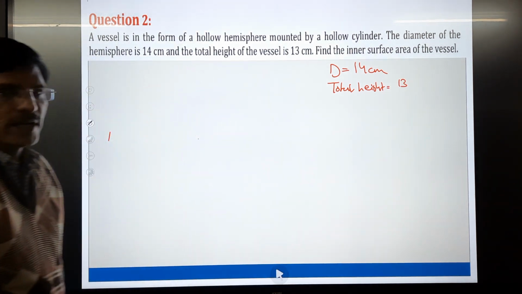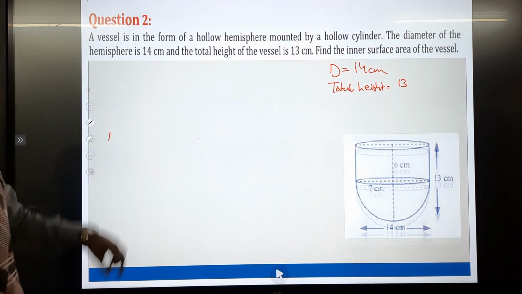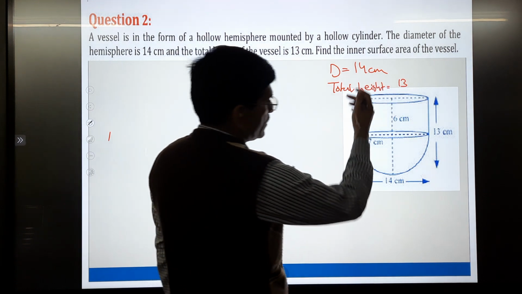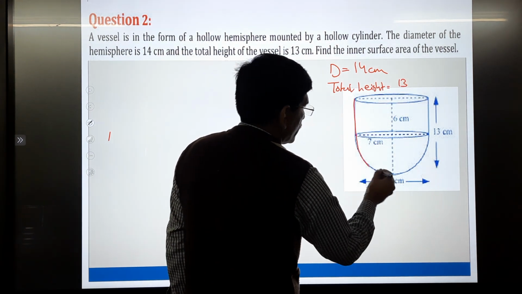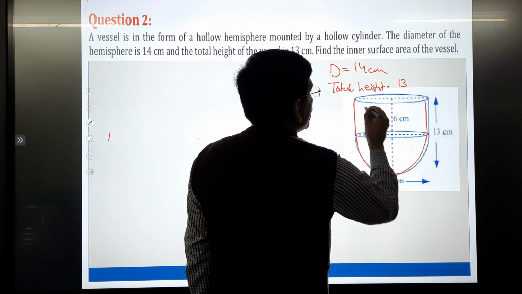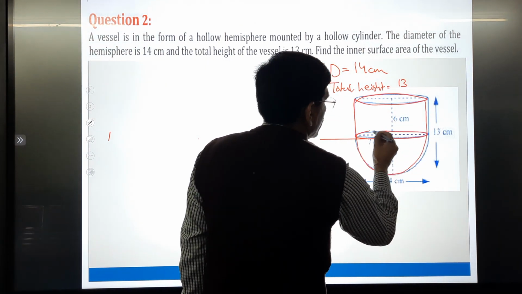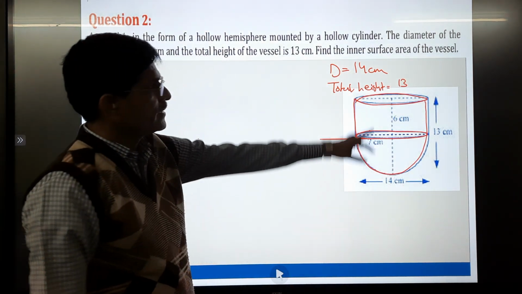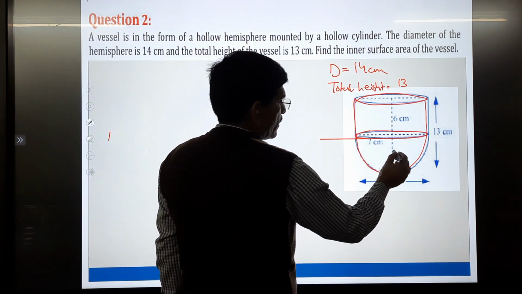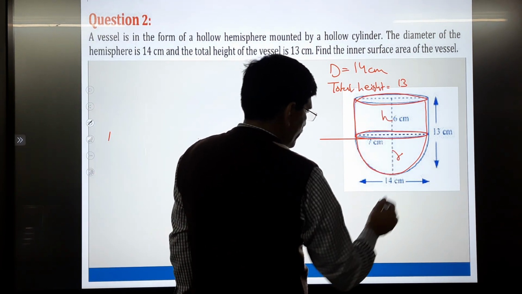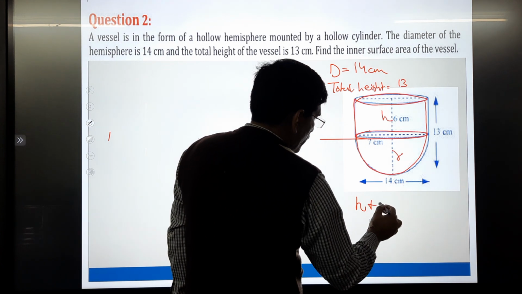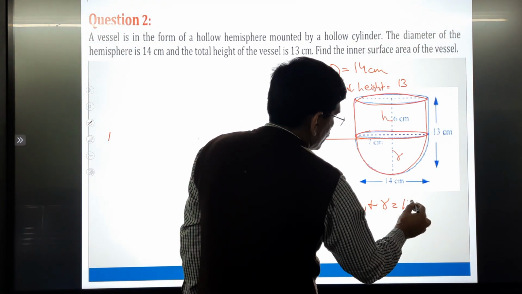Find the inner surface area. So this is the figure here with one cylinder. So total height is 30. Here it is R, here it is H. So H plus R is equal to 30.